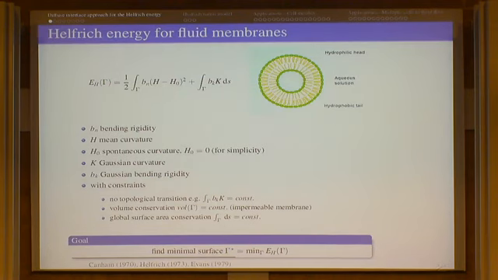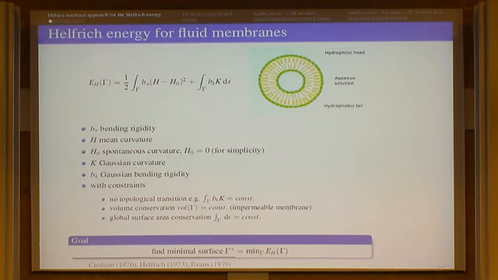Okay, so first here again the Helfrich energy, and what we see here is this vesicle, which is our model approach for a biomembrane, and this vesicle consists of a lipid bilayer, which you can see here, where we have these small lipids with their hydrophilic head, it's green, and their hydrophobic tail, and they are based in aqueous solution.